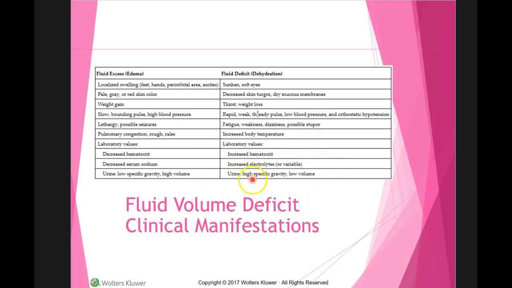And on urine dip, you have high specific gravity and a low volume. So decreased output of urine because you don't have anything to make urine, and a high specific gravity because just like the blood is concentrated, the urine is concentrated too. So the solutes that are dissolved in the urine appear to be increased because there's a decreased amount of fluid.